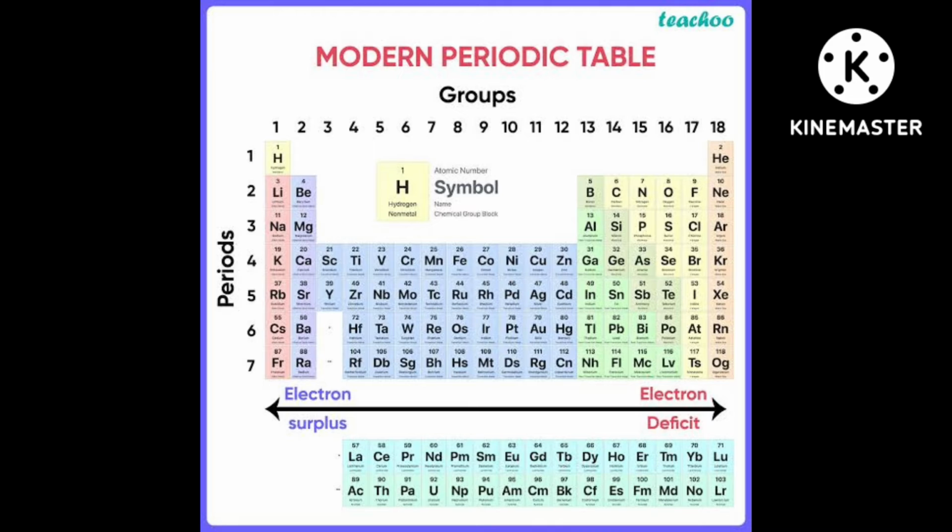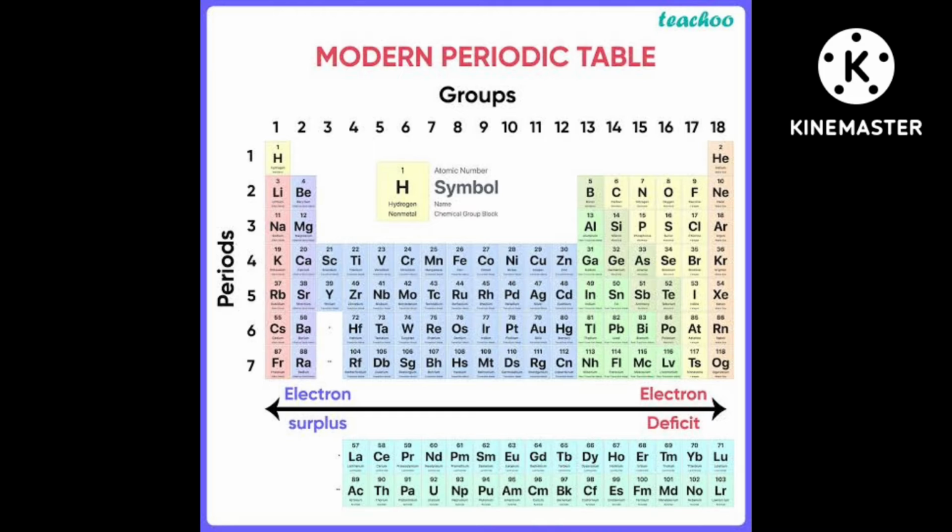Actually, so many periodic tables were formed, but this is the modern one. A modern version of the so-called long form of the periodic table of the elements is the most convenient and widely used. And this periodic table is divided mainly into S, P, D and F blocks.